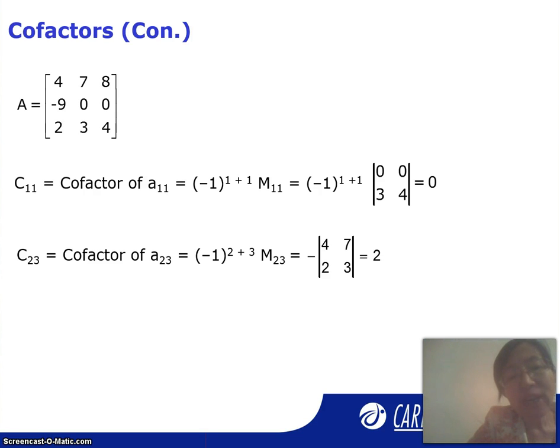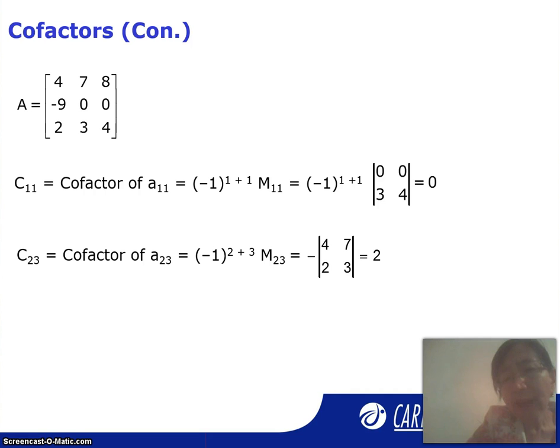Now we'll consider the cofactor of element A23. Cofactor of element A23 will be equal to parenthesis minus 1 in the degree 2 plus 3 multiplies M23. So minus the determinant 4, 7, 2, 3.